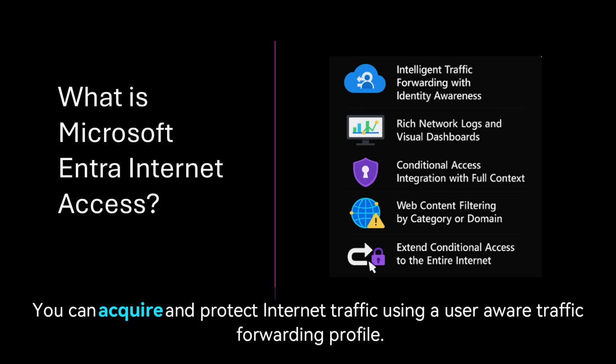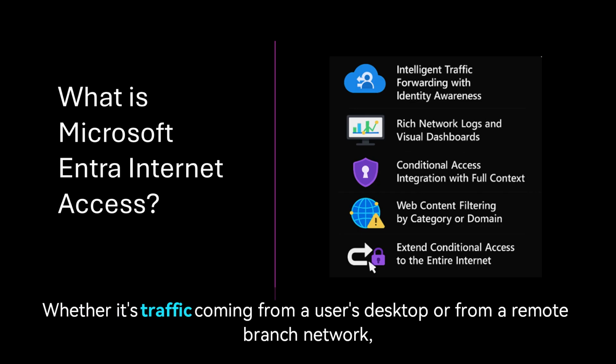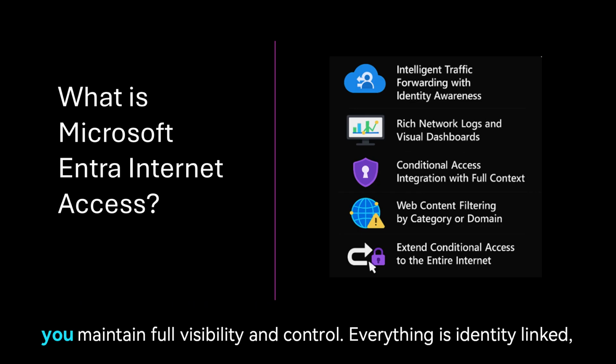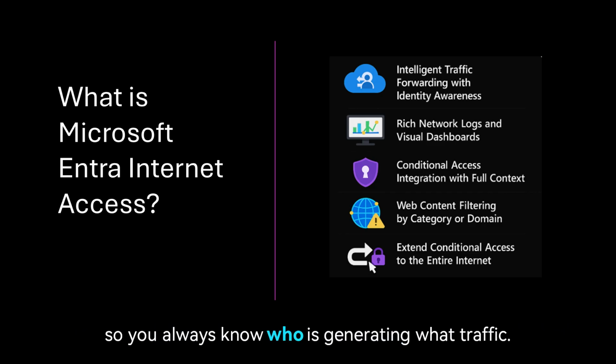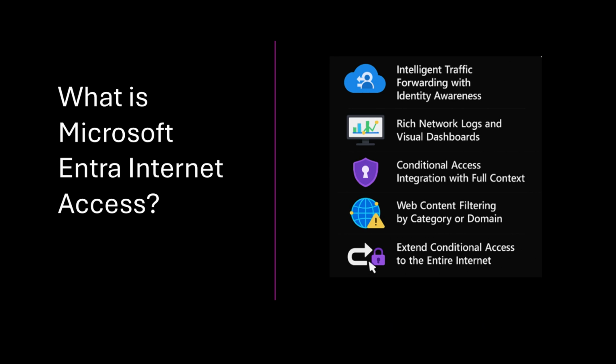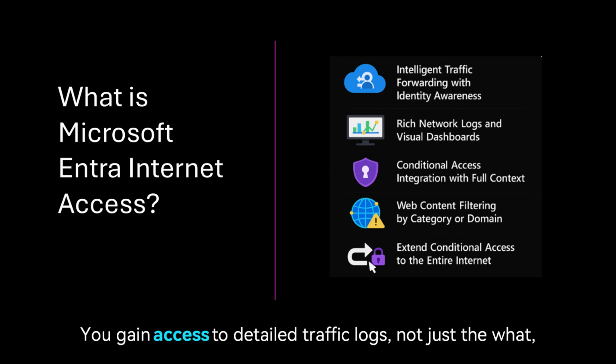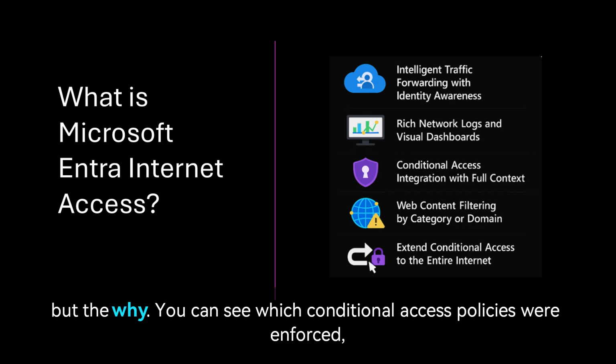You can acquire and protect internet traffic using a user-aware traffic forwarding profile. Whether it's traffic coming from a user's desktop or from a remote branch network, you maintain full visibility and control. Everything is identity linked, so you always know who is generating what traffic. You gain access to detailed traffic logs, not just the what, but the why.